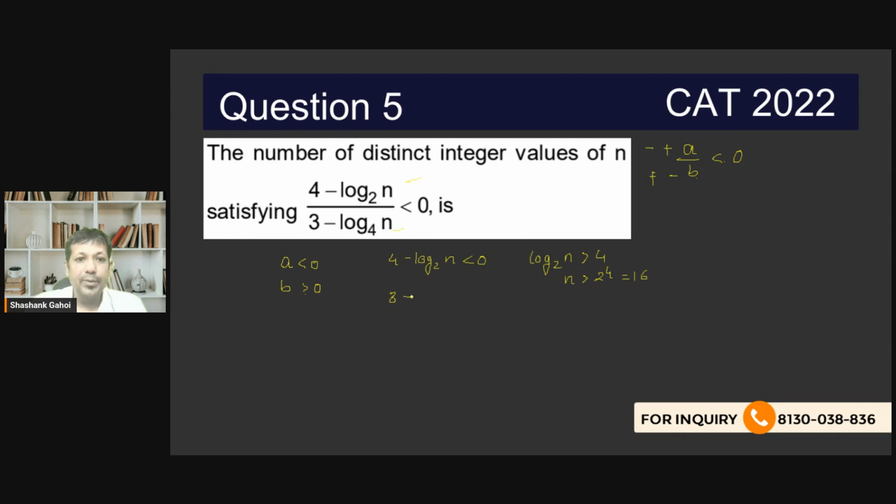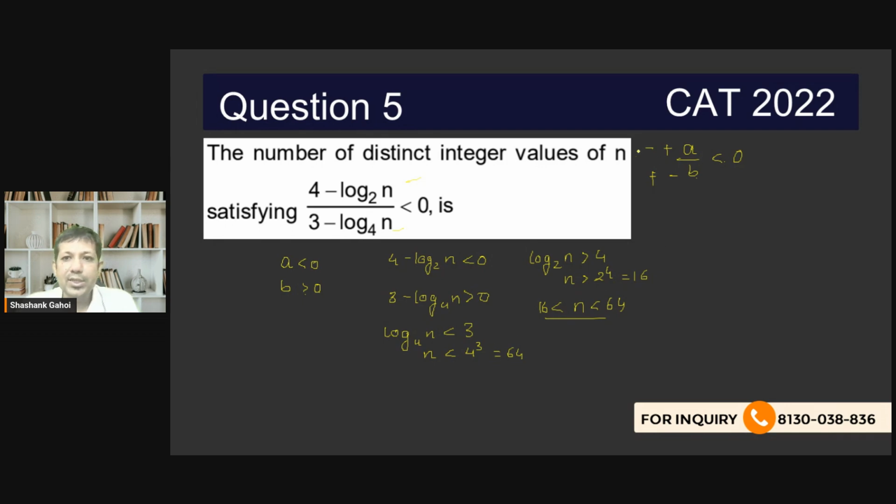It means 3 minus log base 4 of n is greater than 0. It means log base 4 of n is smaller than 3. It means n is smaller than 4 to the power 3, or 64. So from here I can say that n is greater than 16 and less than 64. Fair enough. This is the fair assumption that we are going to get.